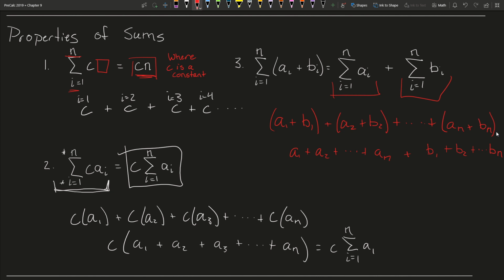And again, we can use our definition of what a summation actually is to rewrite it.